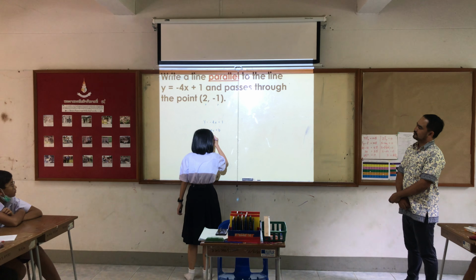Okay? Is it correct? Let's see. The answer is y is equal to negative 4x plus 7. Okay, correct.